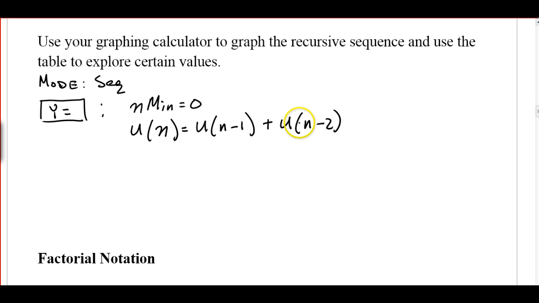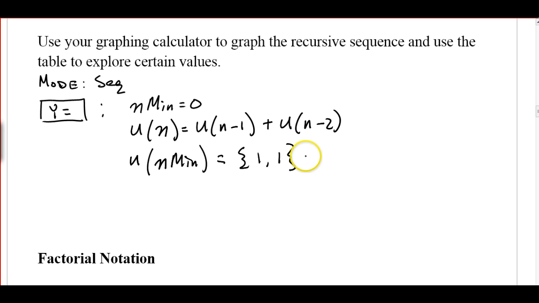So these are the two previous terms. And we want to change our u sub n min to be 1, 1. If you just enter 1, 1, it should put in the braces for you.